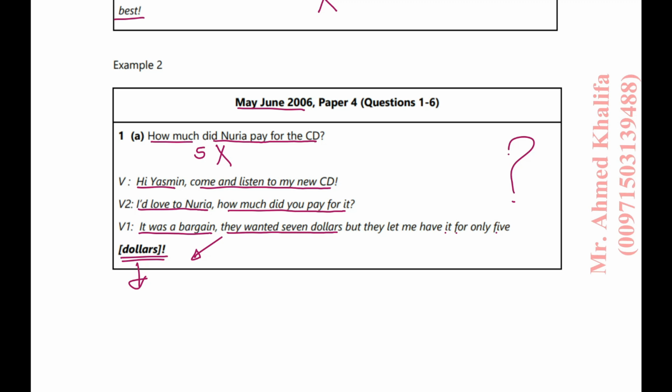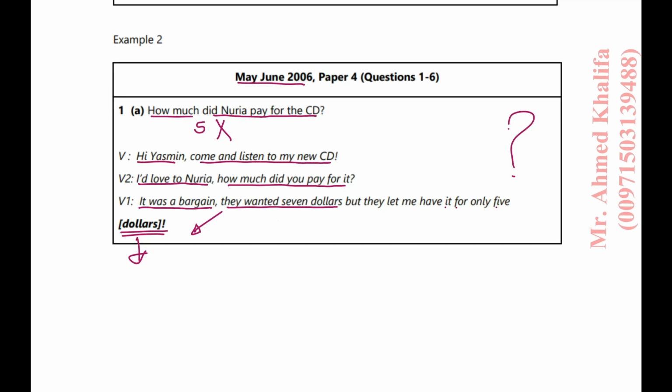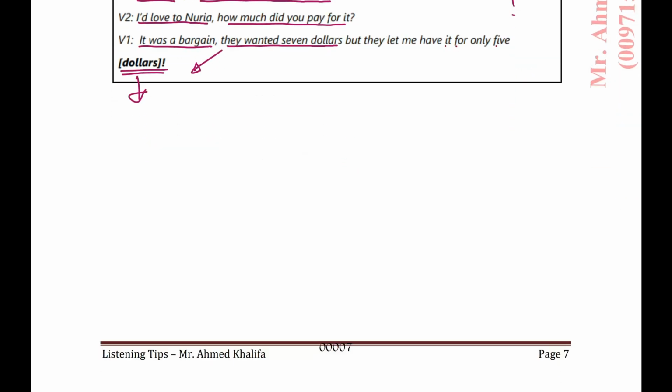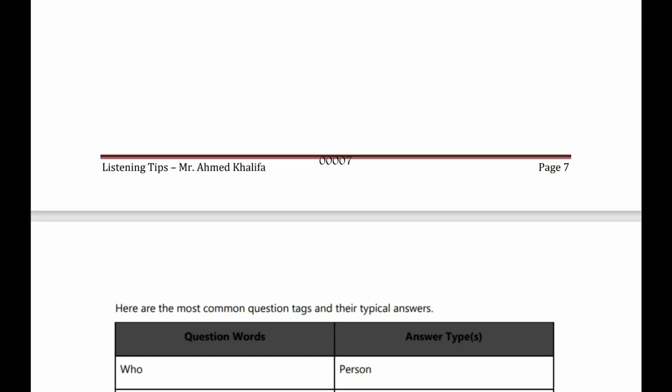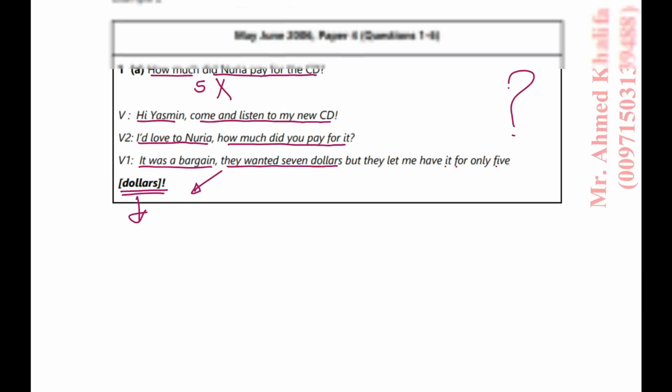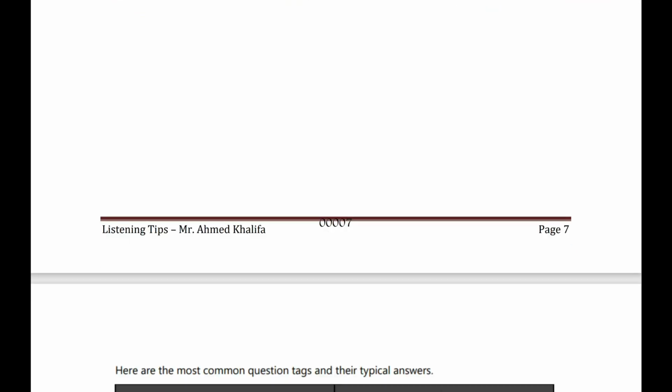So after we finish some good techniques about listening, let us go to some good hacks, okay? I will explain several pre-listening and while-listening strategies, or techniques, that I have tried and tested before with my students.